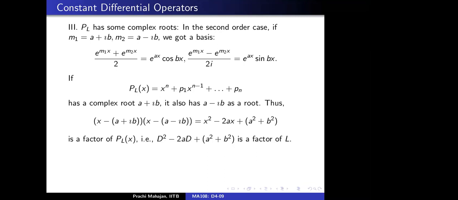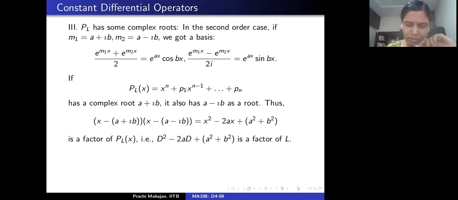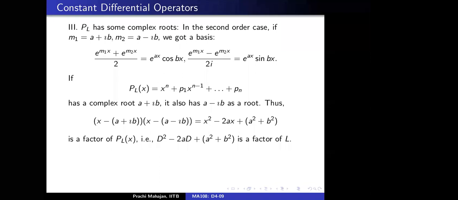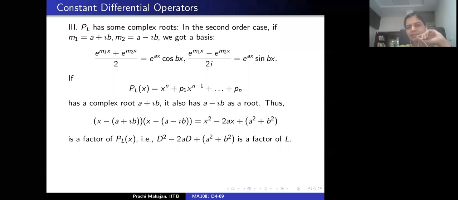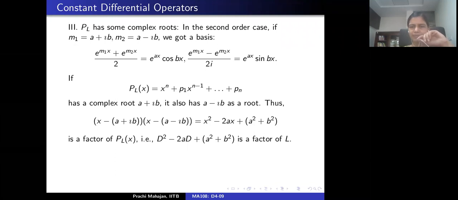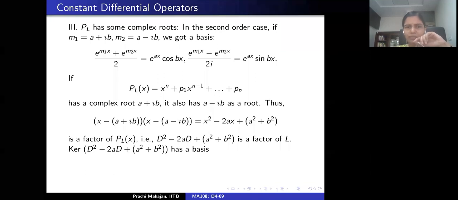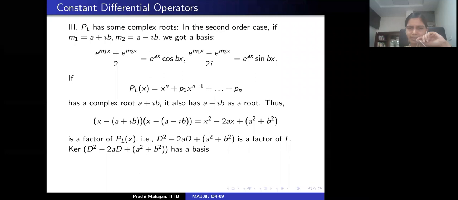This is exactly saying that if you were to factorize the linear operator L, then d square minus 2ad plus a square plus b square is a factor of the linear operator L. So now we should look at the null space of the operator d square minus 2ad plus a square plus b square, right?